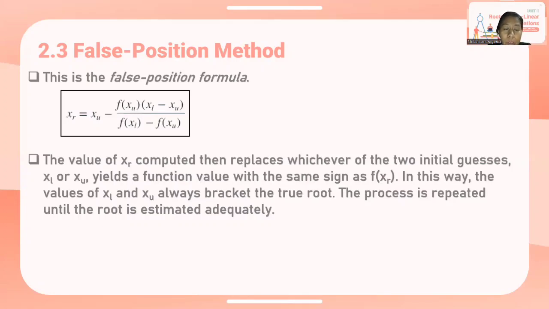The value of xr computed then replaces whichever of the two initial guesses, xl or xu, yields a function value with the same sign as f(xr). In this way, the values of xl and xu always bracket the true root. The process is repeated until the root is estimated adequately.